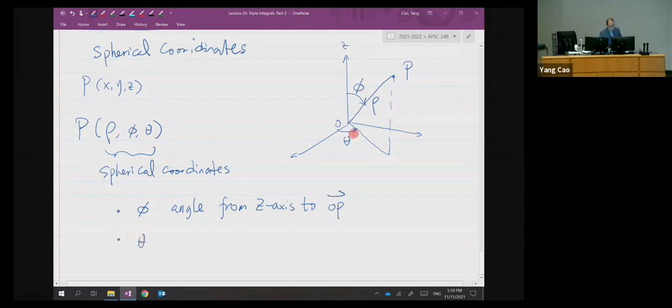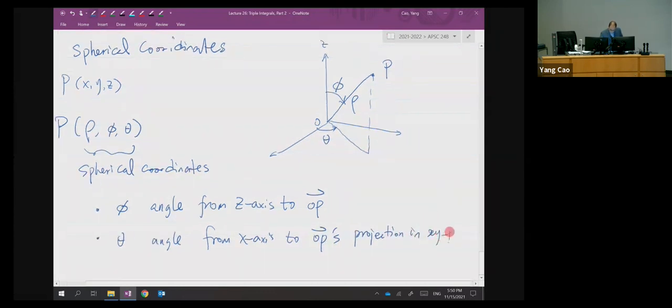And the same thing for theta. It is the angle from the x-axis to the OP's projection in the XY plane. Basically, rotation counterclockwise is considered positive, and clockwise is considered a negative angle.